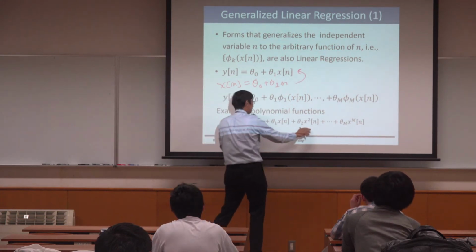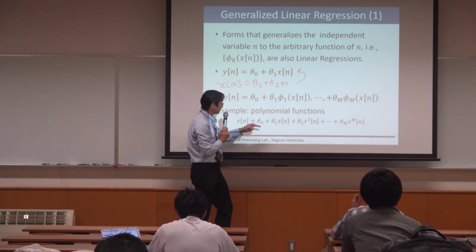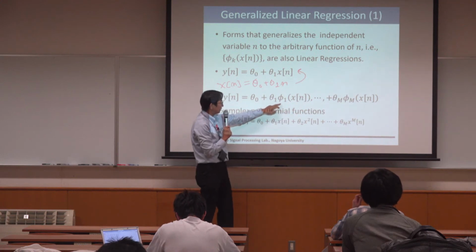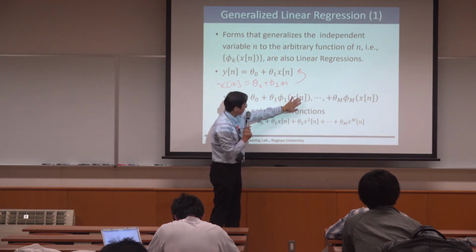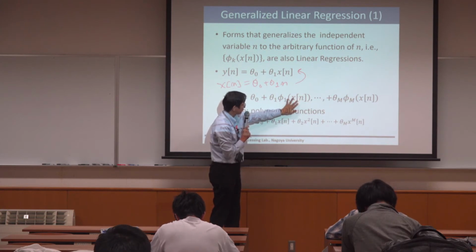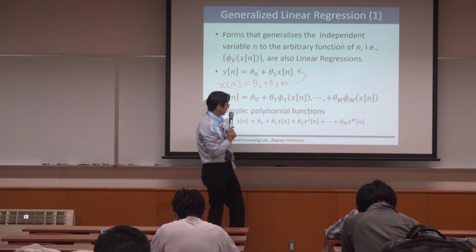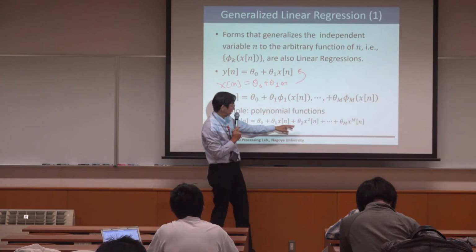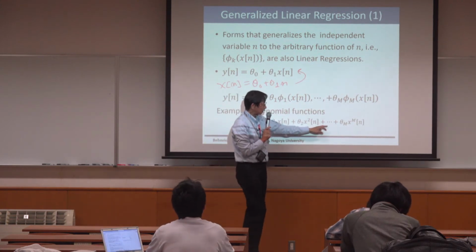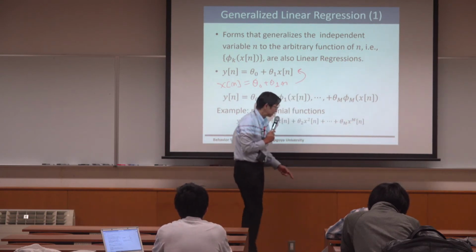In general, the function of the observed value xn. So in this case, the function is like a second order polynomial, third order polynomial, or those kinds of things.